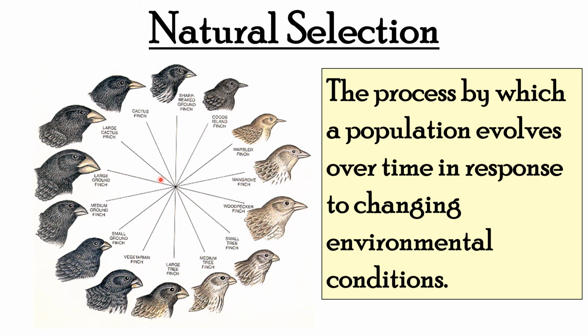This is one of the organisms that he studied. So you had a common ancestor of all these finches, and depending on what environment they were in and what food was available, they evolved in different ways. Okay, random mutations, but then some of them helped the organism survive. So over time, you end up with finches that look different.